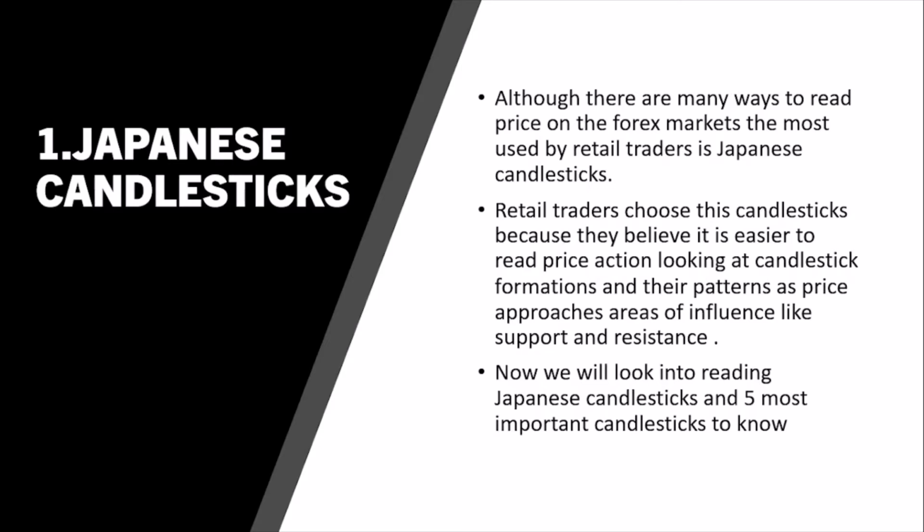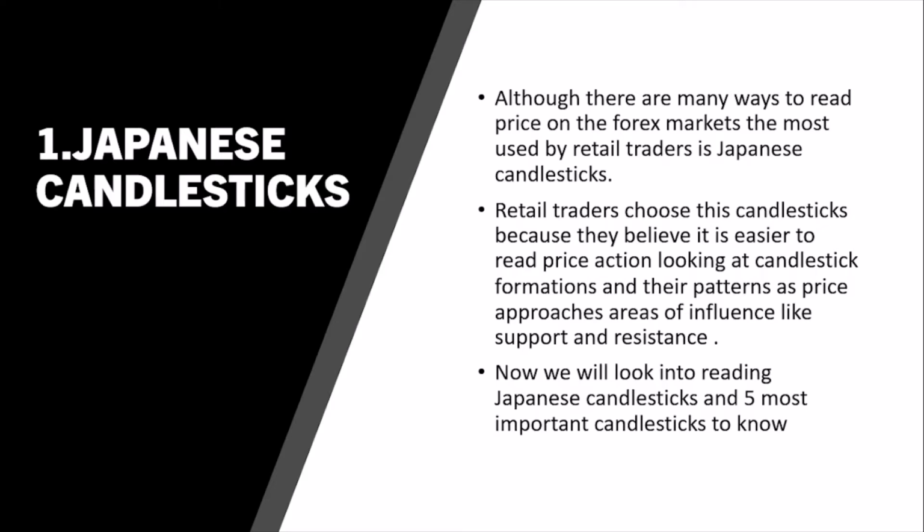Why is it that they prefer using Japanese candlesticks? That is the second point. Retail traders tend to choose these candlesticks because they believe it is easier to read price action looking at candlestick formations and their patterns as price approaches areas of influence like support and resistance. There are different areas of influence or areas of inflection, high value areas, as some may call them: your support and resistance, your supply and demand, your order blocks, whatever you may call them.